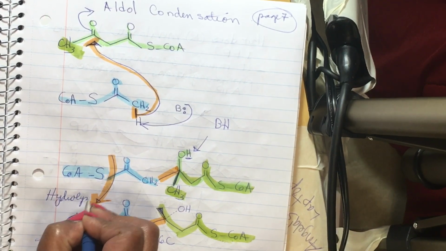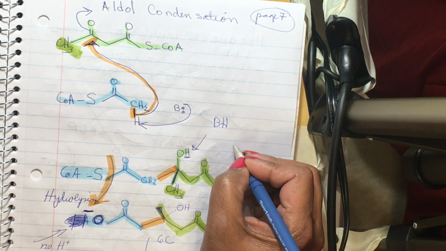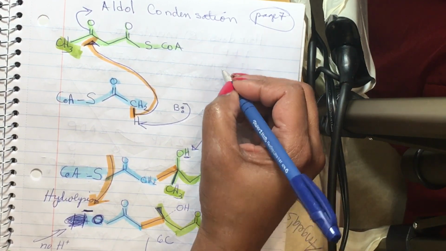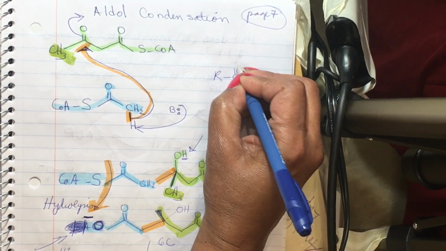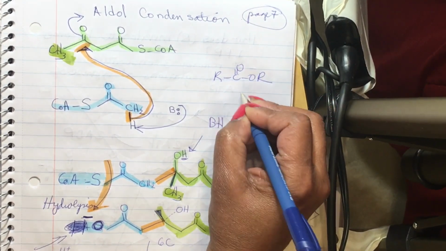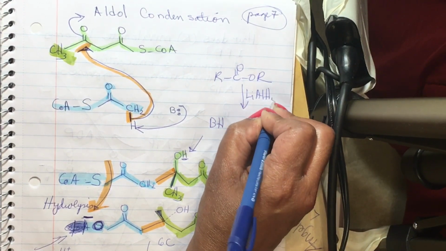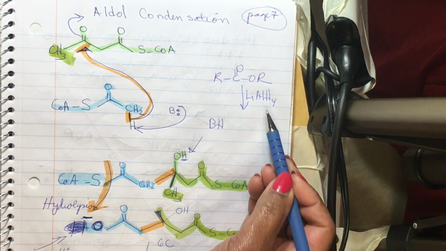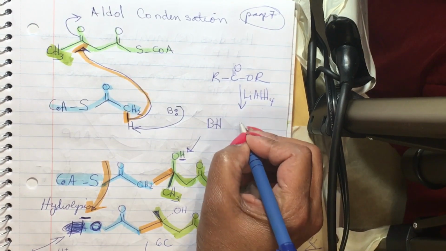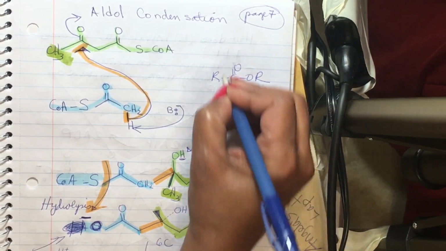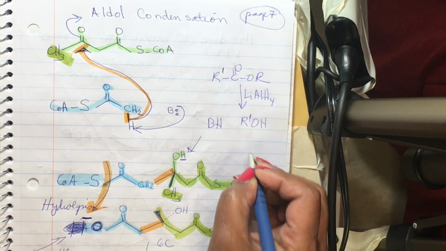So let's put the word hydrolysis for this part. And then we're going to need to reduce. If you do a reduction of an ester, this is reviewing, we use lithium aluminum hydride. And if you do that using that strong reducing agent, you get a primary alcohol on one side and another primary alcohol on the other side.